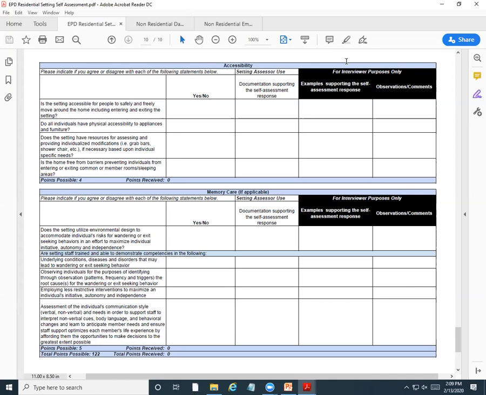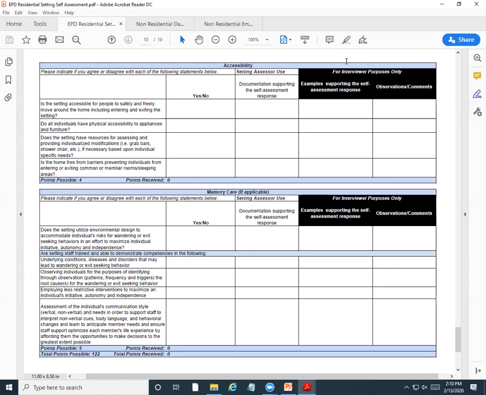So is the setting accessible for people to safely and freely move around the home, including entering and exiting the setting? These are all going to be very specific to the members that you're serving and what their needs are with accessibility. Do individuals have physical accessibility to appliances and furniture? Does the setting have resources for assessing and providing individualized modifications if necessary based on individual specific needs?